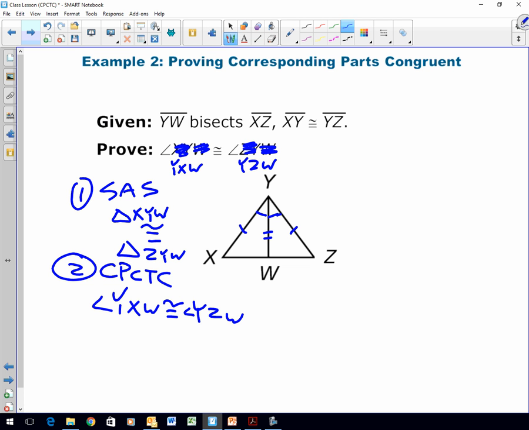I can say that angle YWX is congruent to angle YWZ. I can say that XW is congruent to ZW. All the other angles, all the other sides that I haven't already used would be congruent because of CPCTC.